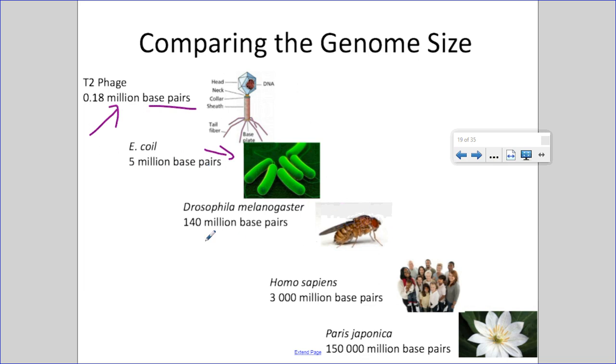Compared to the fruit fly, suddenly we're into hundreds of millions of base pairs, and compared to humans, there are many thousands of millions of base pairs. But you can get into plant species where the size of their genome is significantly larger than ours.